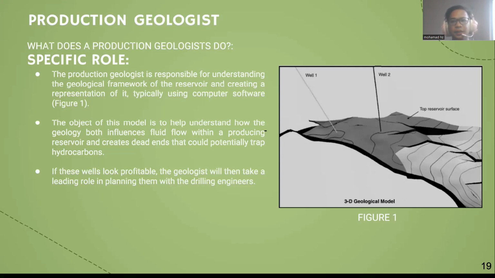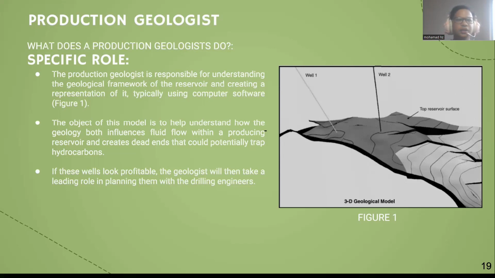So what is the specific role of the production geologist? The first is that the production geologist is responsible for understanding the geological framework of the reservoir and creating a representation of it, typically using computer software. Figure 1 is the figure that is usually produced by the production geologist.